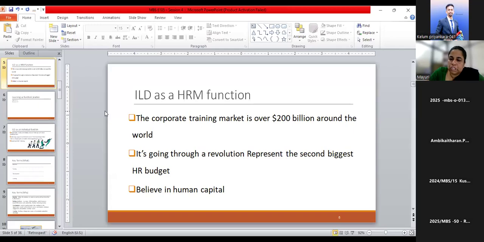However, today this concept has changed. Now we don't think of learning and development as a cost. Now we think of it as an investment. Why do we consider it an investment?